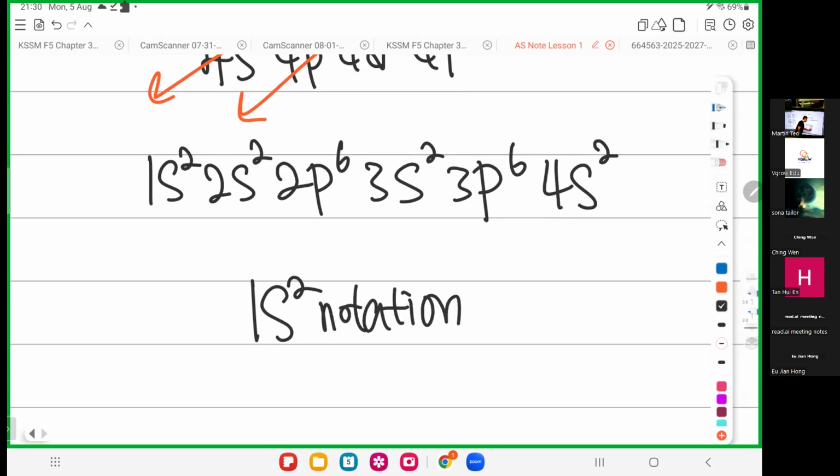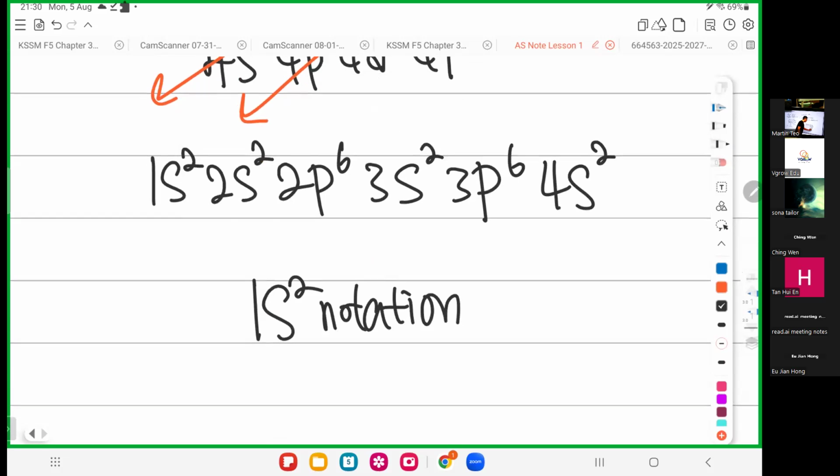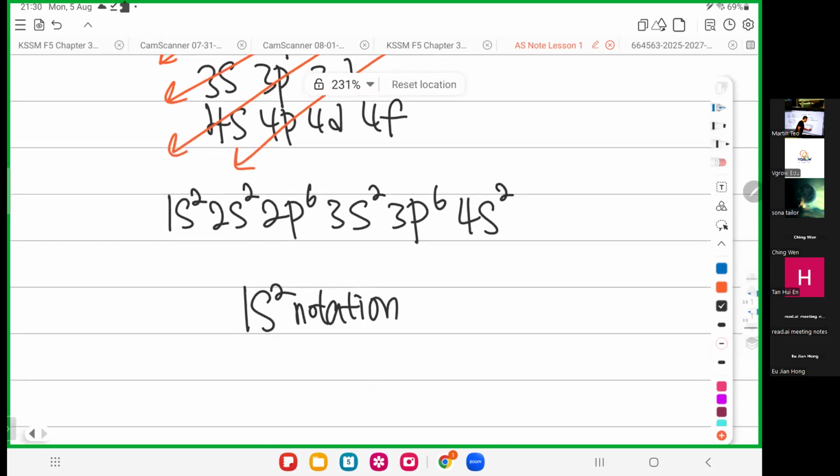And I really, really hope you guys have some rough idea how to write the 1s2 notation by now. It's not very, very hard. Most importantly, you do it slowly, you do it carefully, and you will be fine.